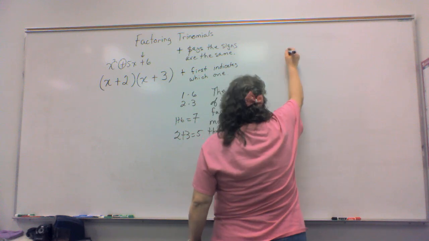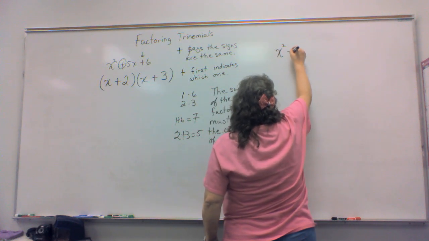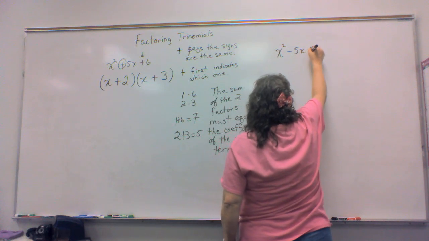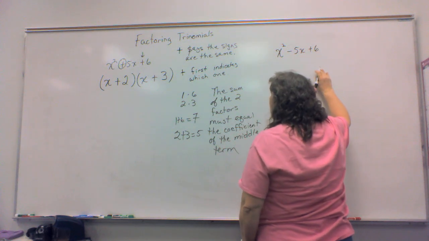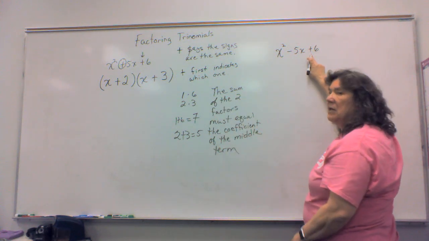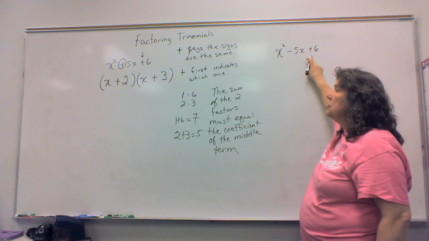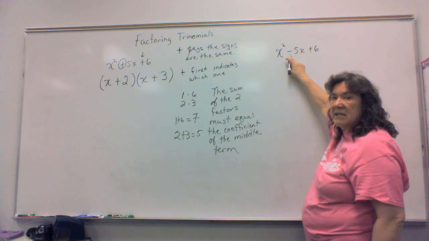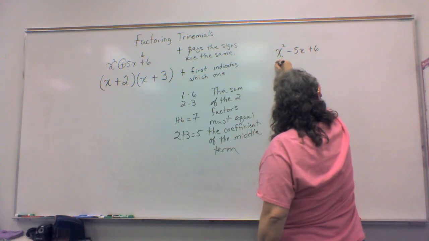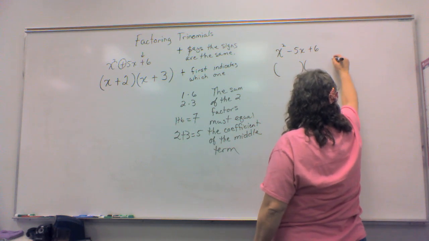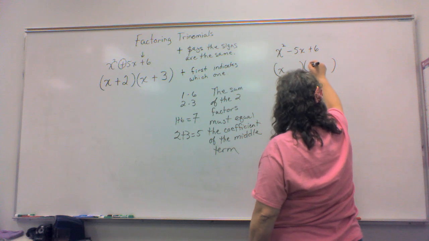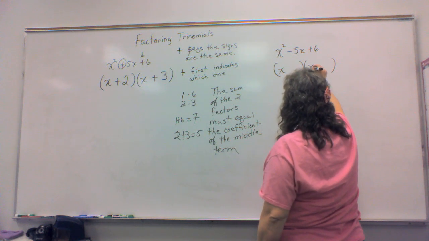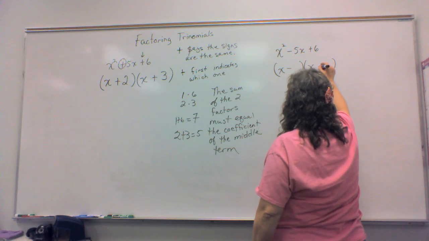How about x squared minus 5x plus 6? Again, just like in the first one, this plus here tells you the sign is the same. The negative here tells you that sign will be negative. So we're going to have in our two binomials x times x, and then a minus and a minus.